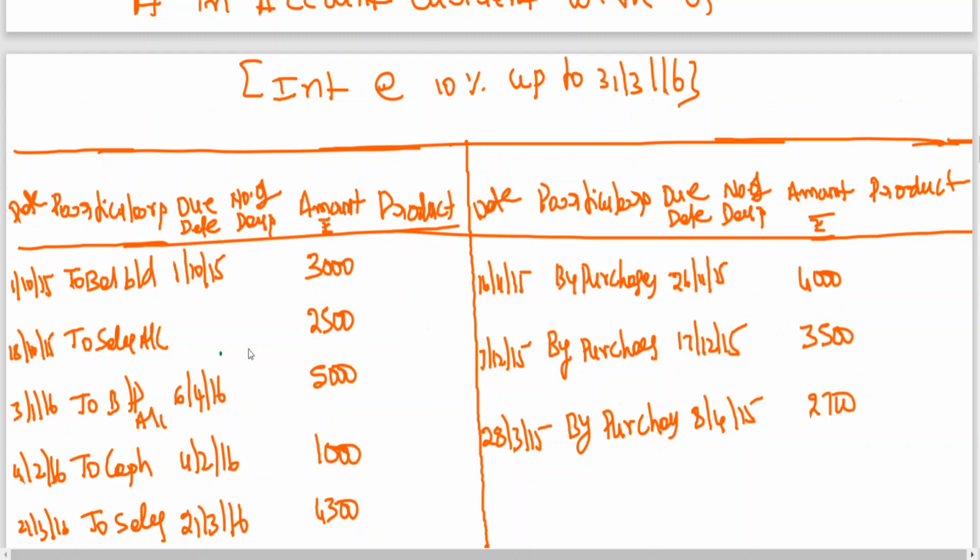It is coming to 183 days. 183 days into 3000. 5,49,000.